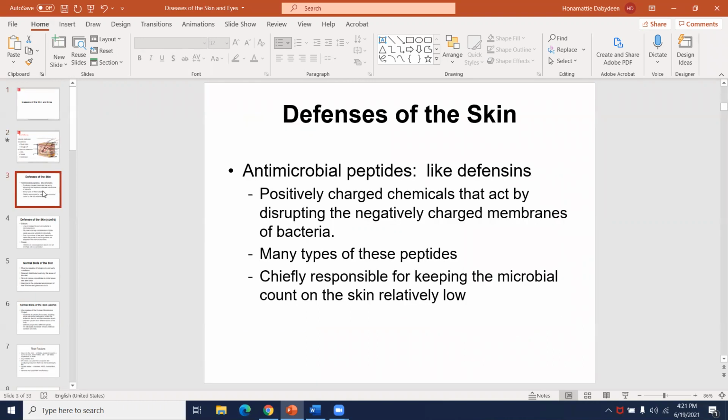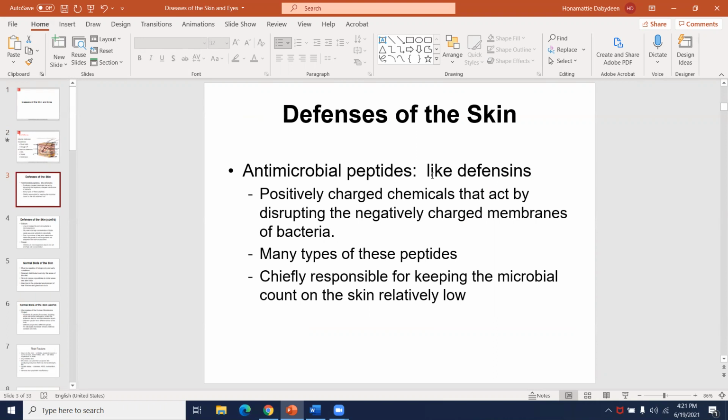So the next thing we want to know besides the anatomy is how are we defending ourselves from organisms that are trying to invade us through the skin? Well, one of the things, according to your slide here, would be your antimicrobial peptides that are being produced.